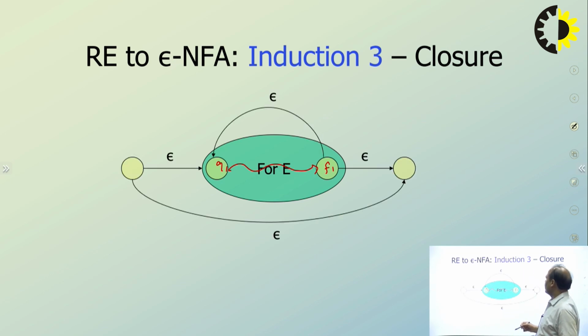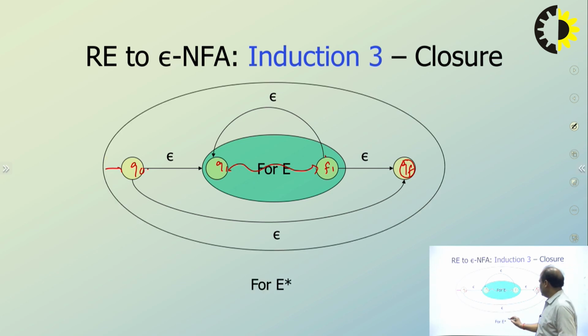You just add an additional state here, which is the new starting state, and another additional state over here, which is the new final state. From the new starting state, move with epsilon to the old starting state, and from the old final state, epsilon to the new final state. So this will accept E star. E star means epsilon is accepted, by going from here to here. If you want to repeat it, you can repeat it this way. If you don't want to repeat it, go this way.